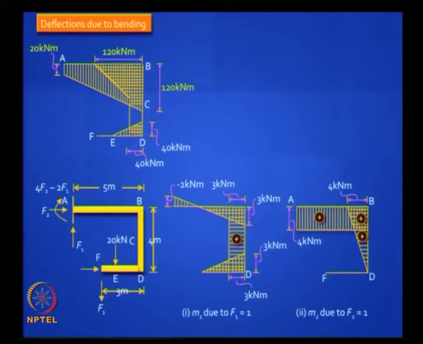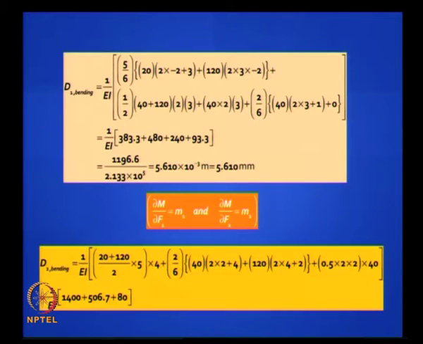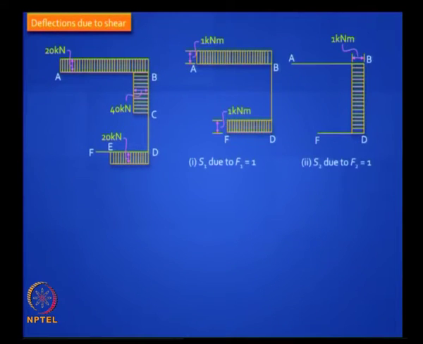These are nothing but dou capital M divided by dou F1 and dou F2, and so you can work out the same method. It resembles the unit load method, and you can find that the deflection caused by bending is 5.61 at point 1, and at d2 it is something else.